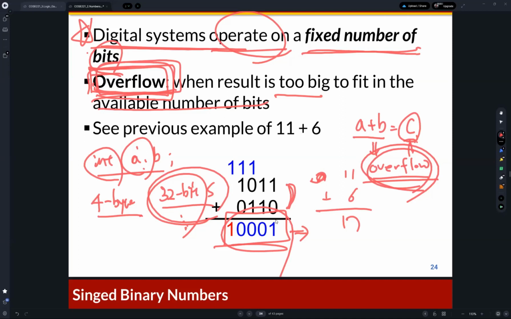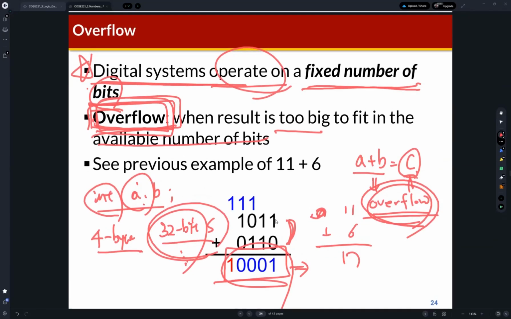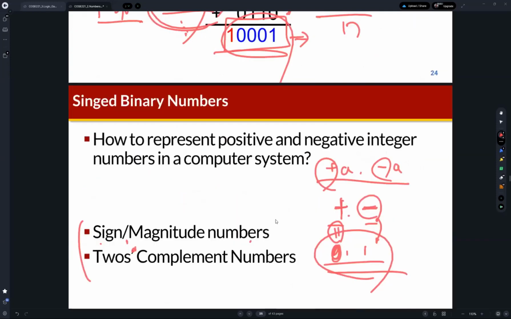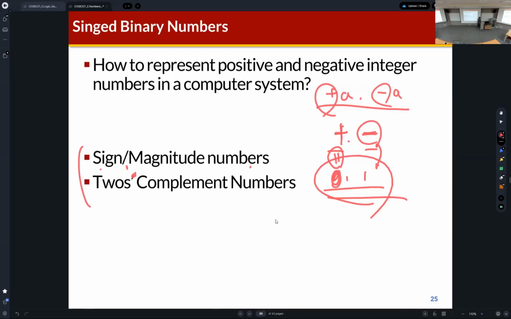Actually, we need to use one more bit for this MSB, the bit of the binary number. But if we just set the number of bits as 4 bits for the result, then we cannot represent this large number. This is called the overflow. And I also mentioned that the hardware system needs to detect overflows because overflow may generate errors in the system. Okay, it's very critical.